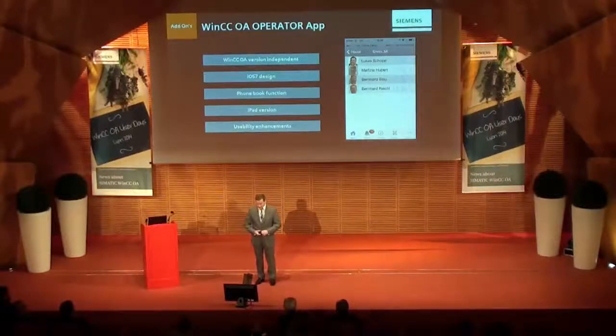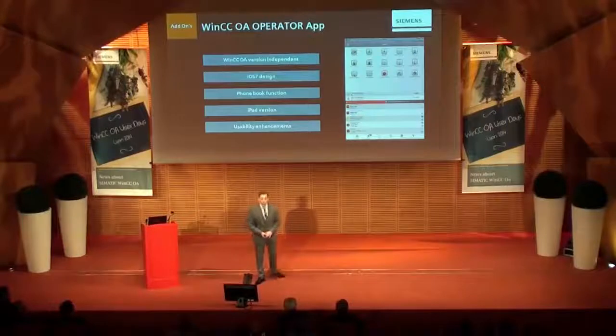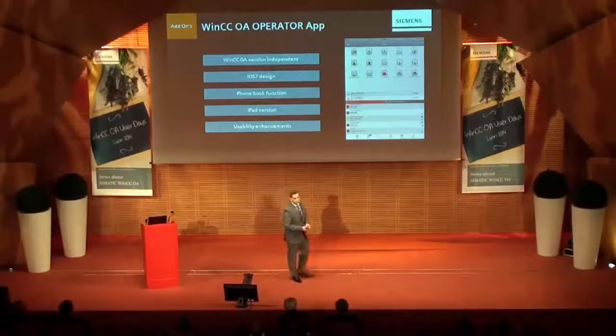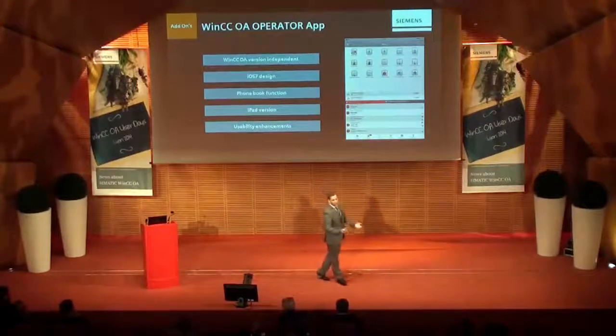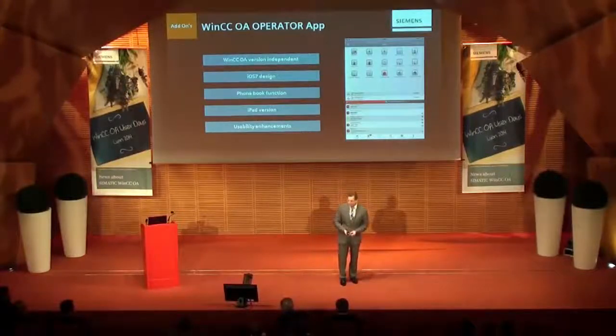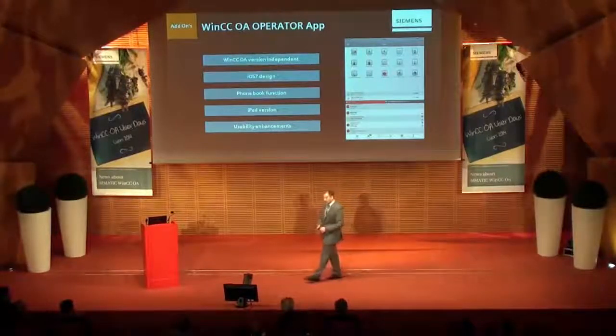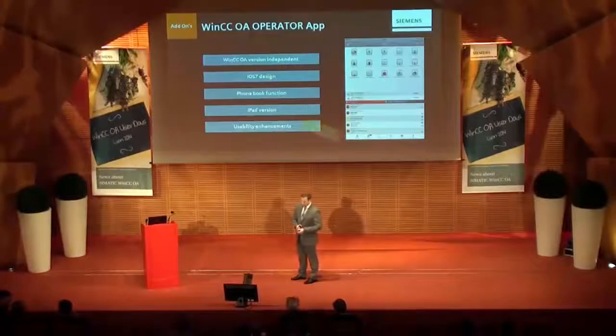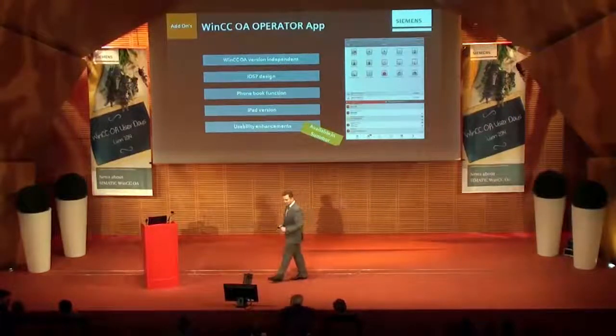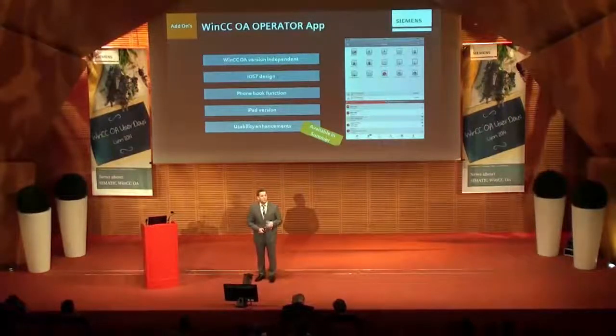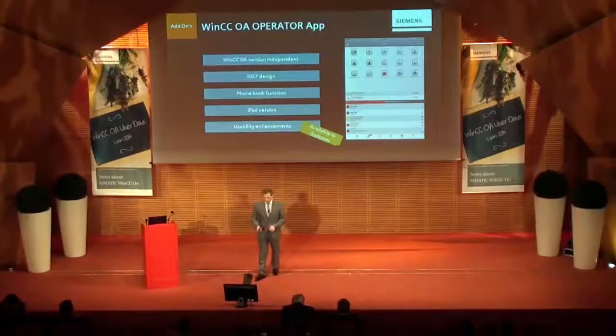That's really nice. We have also an iPad version now. The iPad version has more space, more information, and better usability. And all this will be available in summer. So we will bring an update of our app in the summer.